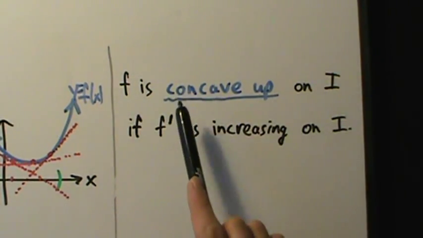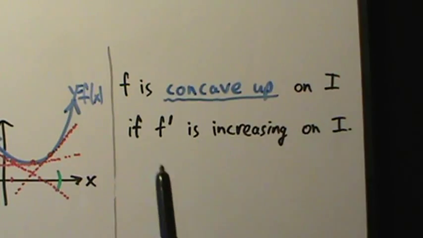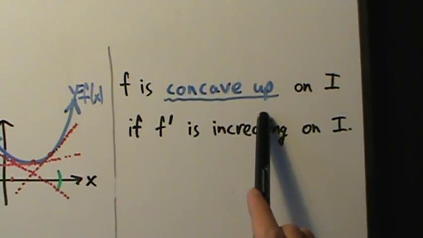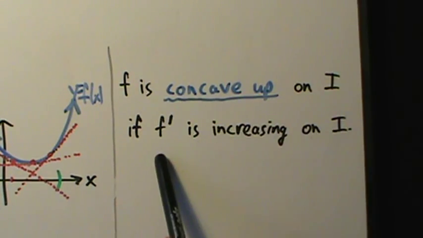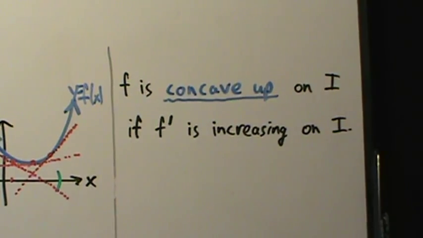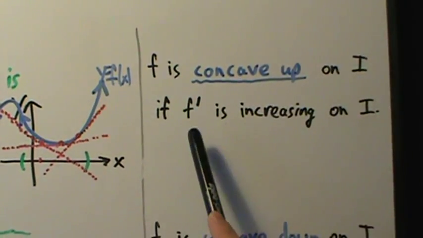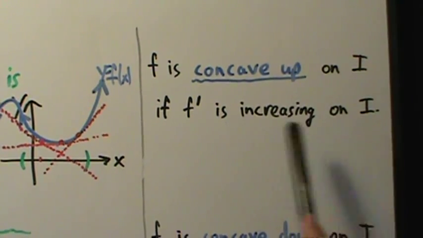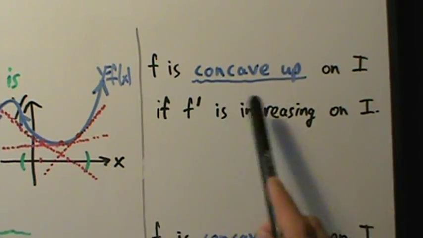So f, or the graph of f, we could say, but just to save space over here, I wrote it like this. f is concave up on an open interval I if f prime is increasing on I. So what does this mean? This means basically if the derivative is increasing on an interval, then the graph of the function is concave up.